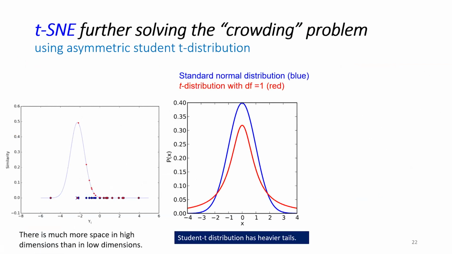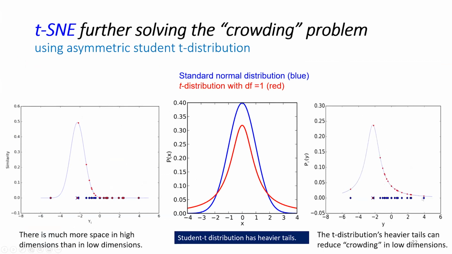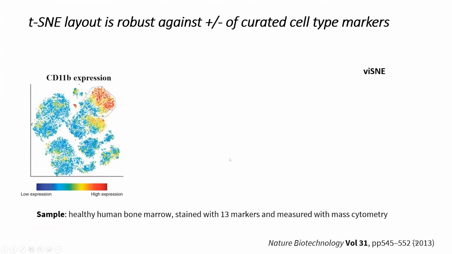The t part comes in because if you use a traditional normal distribution, the data could still be congested. But if you use a t distribution, you flatten the curve a little bit to avoid congestion of the data, so it spaces out nicely. And this is one example of a t-SNE result.